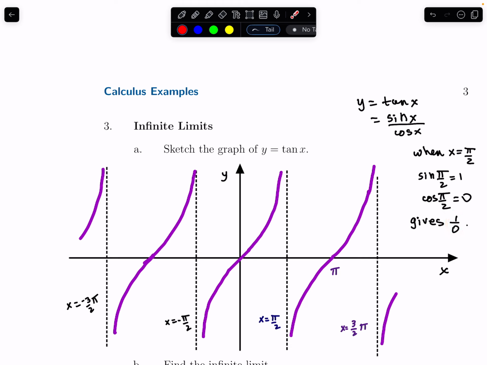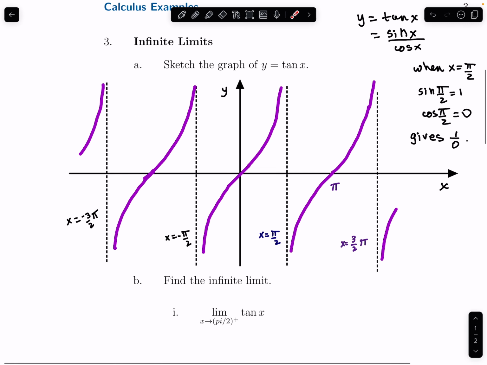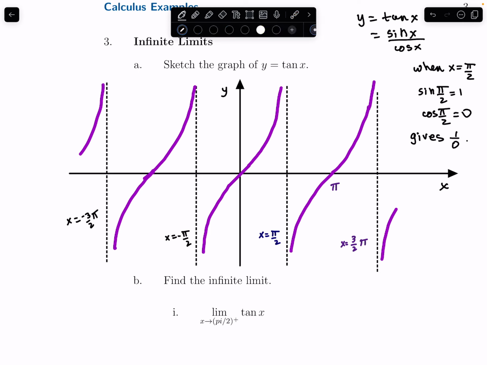1 over 0 is not infinity. Some people, I hope not math people, write on the internet that 1 over 0 is infinity. Don't write that. 1 over 0 is not infinity. What we mean is what we have over here. Sorry about that, there's a little LaTeX typing mistake.